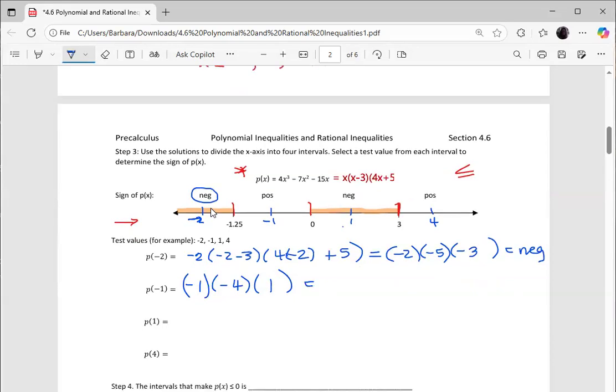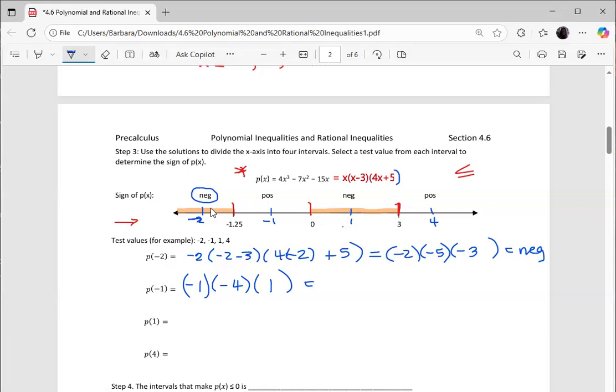I just paused my recording because I realized I copied that wrong. It's 4x plus 5. So the first point that I tested is still negative because that last one is a -3. It's still negative. So the whole thing is negative.